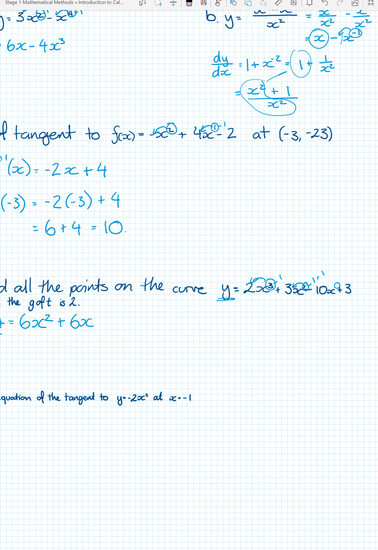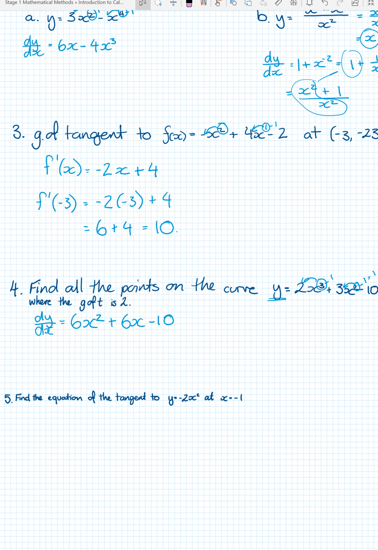Now here, remember, we've got our imaginary 1 above our x, so we have minus 10 times 1, minus 10. x to the power of 1, subtract 1 is x to the power of 0, which is 1, 10 times 1. And the 3 we know will go to 0 when we do our derivation.